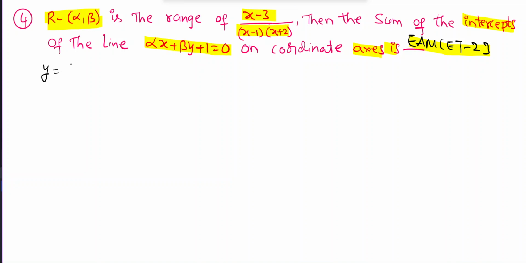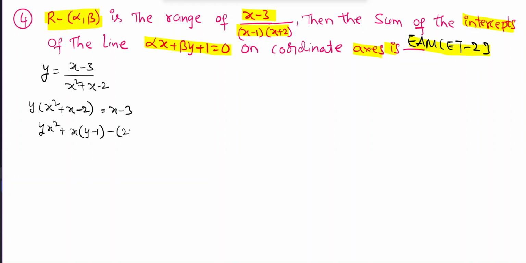So y is equal to x minus 3 by, multiplying that out, x square plus x minus 2. This is taken as y. So take cross multiplication: y into (x square plus x minus 2) is equal to x minus 3. From this, y x square plus, taking x common, (y minus 1) x minus 2y minus 3 is equal to 0.